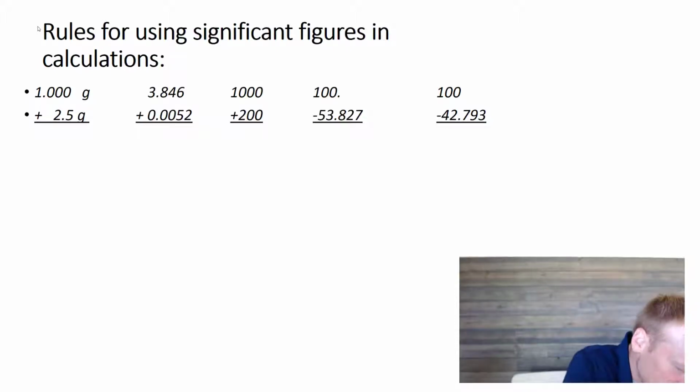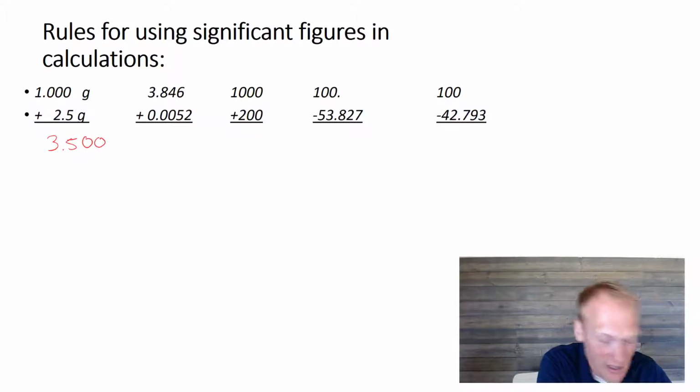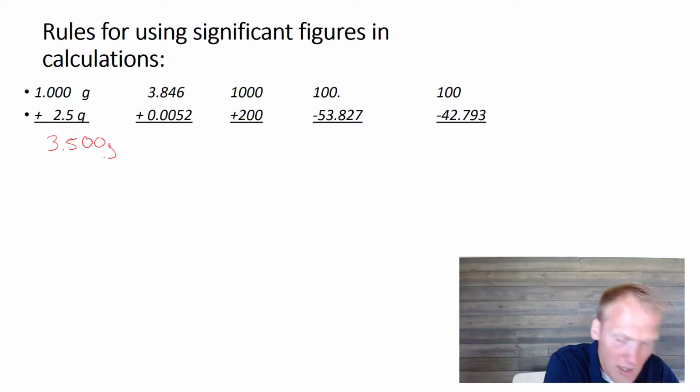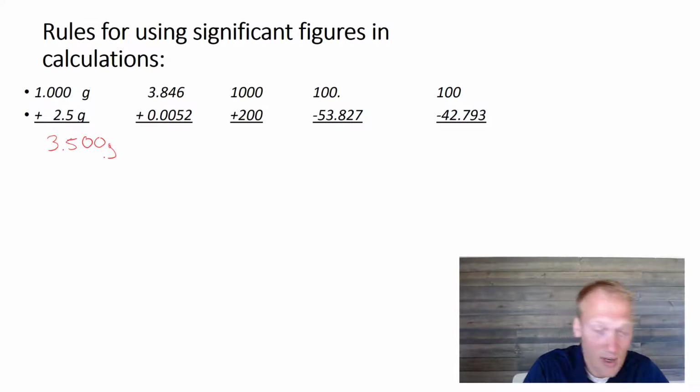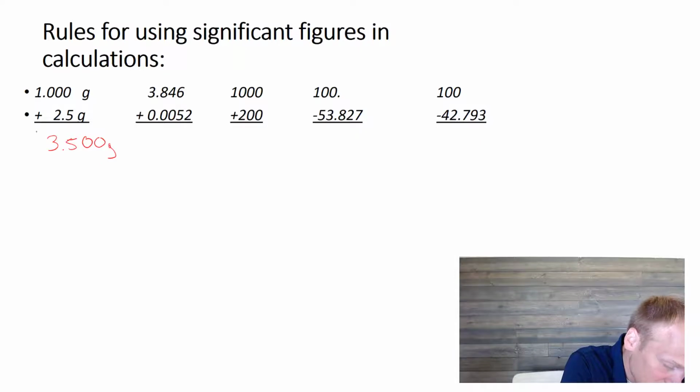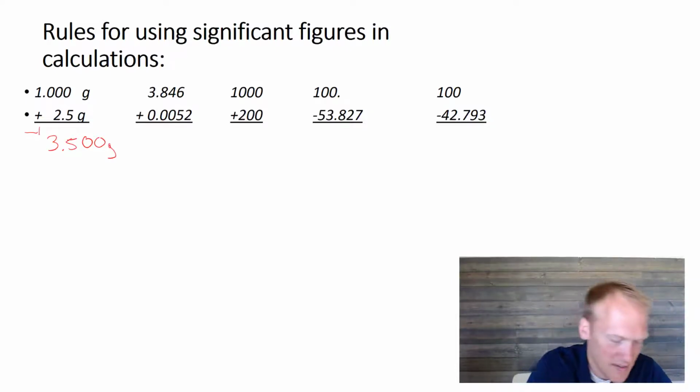So if you see this first answer, I'm hoping that everyone in here can just see that this would be 3.500, and that would be grams. So right now, based on our rules, we have 4 sig figs, because this has a decimal, so we could come from the left, we'd stop at the 3, 1, 2, 3, 4. It has 4 sig figs.